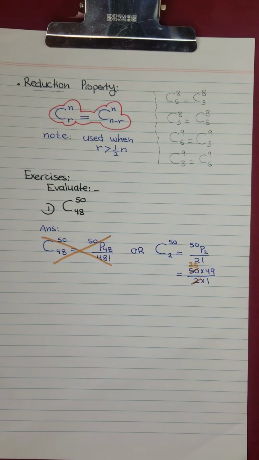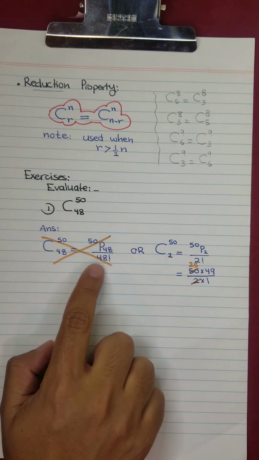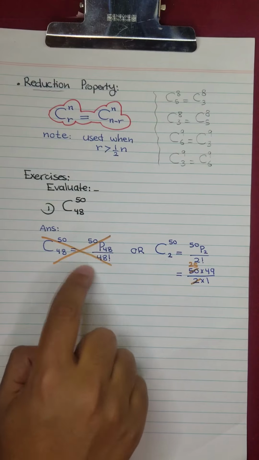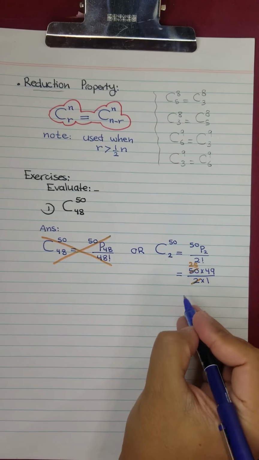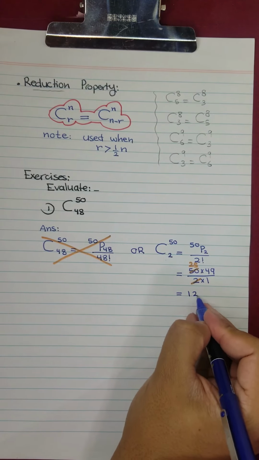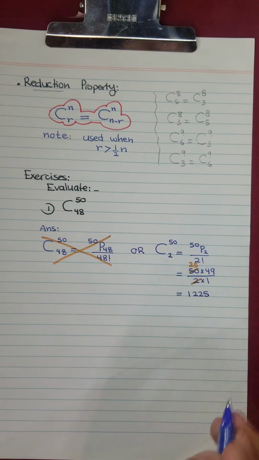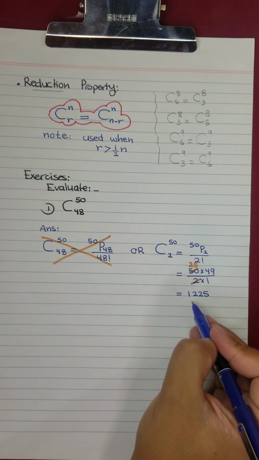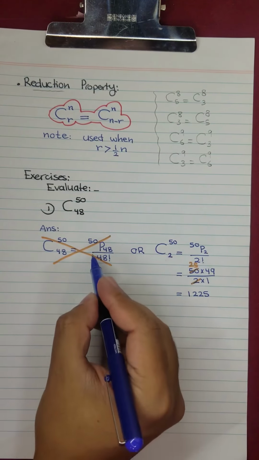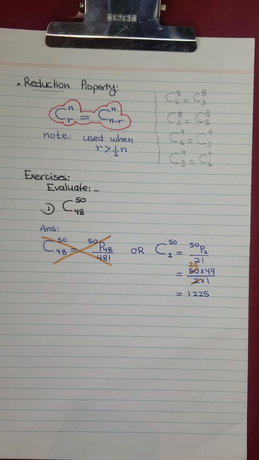And this, of course, is going to be a lot smaller number than the process that we were going to do here. The answer here is going to be 1225. So getting this answer from here is a lot easier than getting the same answer from here.